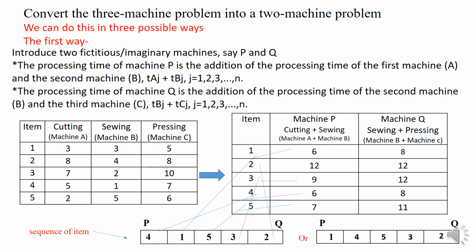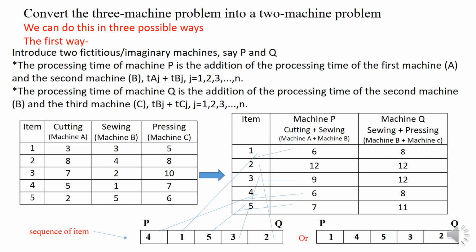If we add the processing times of cutting and sewing, we get the processing time of machine P. That means 3 plus 3 is equal to 6, 8 plus 4 is equal to 12, 7 plus 2 is equal to 9, 5 plus 1 is equal to 6, 5 plus 2 is equal to 7.